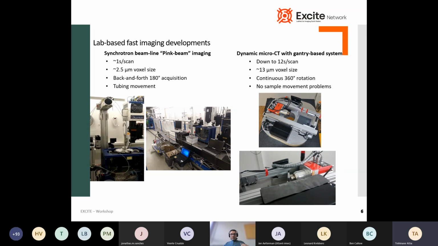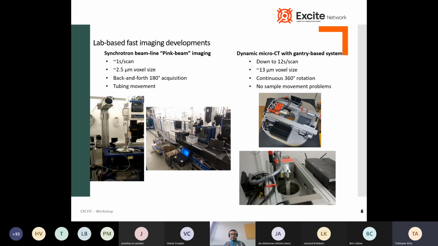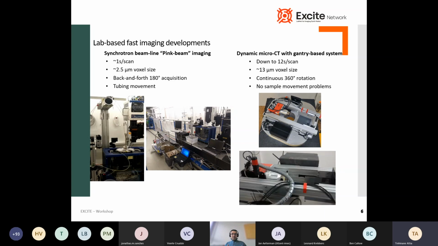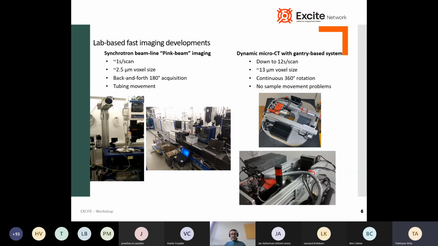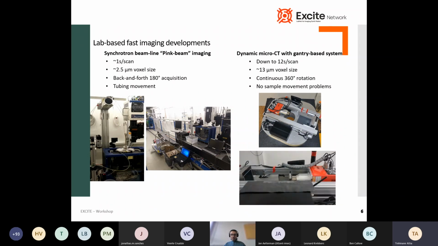On the right-hand side is a lab-based setup, which is actually available in the Excite network as well. This is for dynamic imaging. With this setup, we can do scans down to 12 seconds per scan, and the acquisition is 360 degrees rotation.